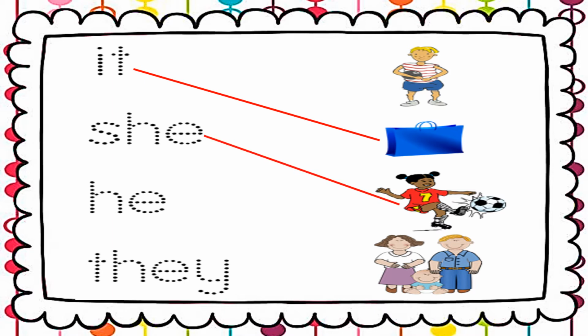Correct, the third picture. How about he? Is it the first picture or the fourth picture? Correct again, the first picture. Now the word they is connected to, you're right, the fourth picture. Now these are the examples of pronouns and how do we use them.